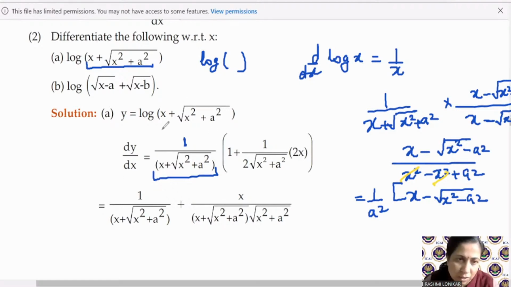So this portion is nothing but d by dx of log x, which is 1 upon x. In this case the whole function, this blue line, I am repeating over here, and this function here I will be using.